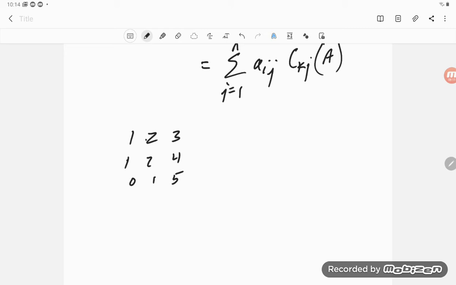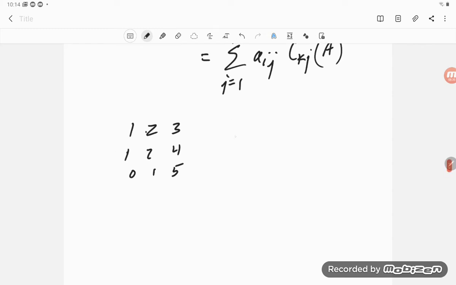We can always check, but what this says is if I take this matrix and I expand, say, j equals 1 to 3, and let's expand about the first row, a_1j, and then use a cofactor from, say, the second row. Okay, so C_2j of A.